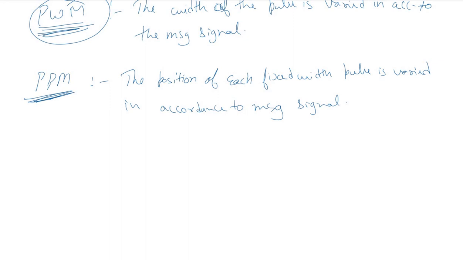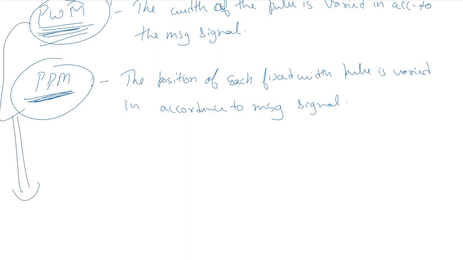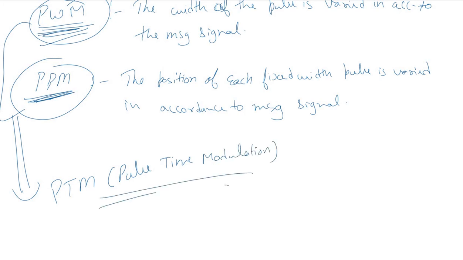Together, PWM and PPM are known as pulse time modulation, PTM. The modulation and the demodulation of these two schemes are very closely connected, as we'll see.